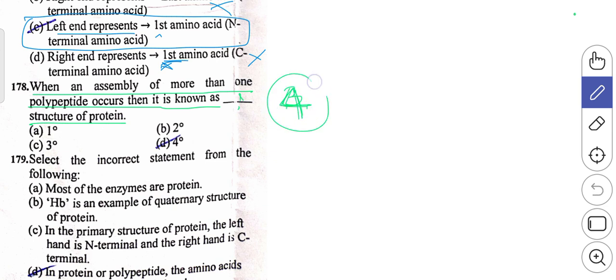In this, they have given the quaternary structure. That contains more than one polypeptide, as it contains 2 alpha, 2 beta. So this is an assembly of more than one polypeptide, and that will be observed in the quaternary structure of a protein.